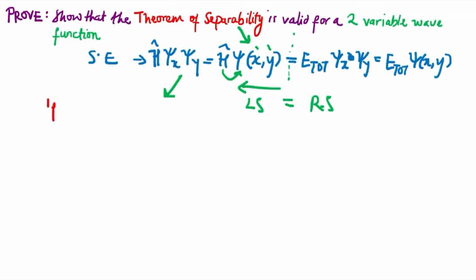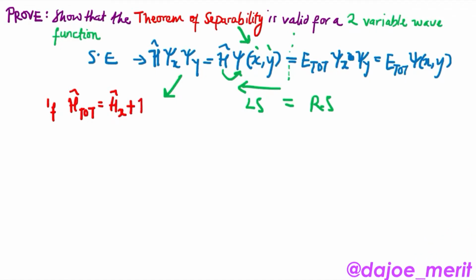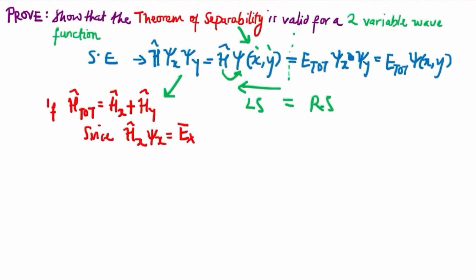One of it is actually knowing the ifs, which is that if the Hamiltonian operator total is equal to the sum of the coordinate, which is dependent solely on the variables, which are the x coordinate and the y coordinate, and also noticing here that since this can also be expressed as the individual Hamiltonian operator with respect to the variables, giving us the energy, which is the Schrödinger's equation for the x coordinate, giving us the energy of the x coordinate, and that of the y coordinate Schrödinger's equation, then we can see that we can substitute something for another to give us something quite interesting.